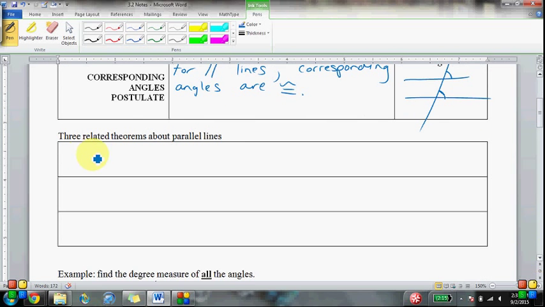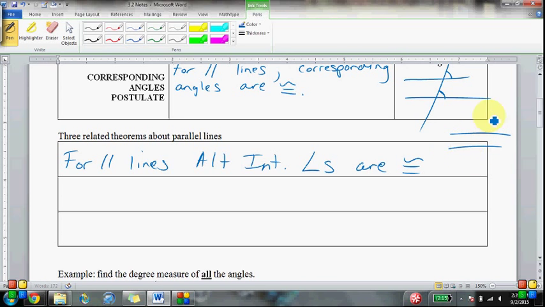Three more theorems. So for parallel lines, alternate interior angles are also congruent. I'm going to abbreviate that. Same thing as corresponding, alternate interior angles are also congruent. So if I've got parallel lines, alternate interior angles would be angles here and here.